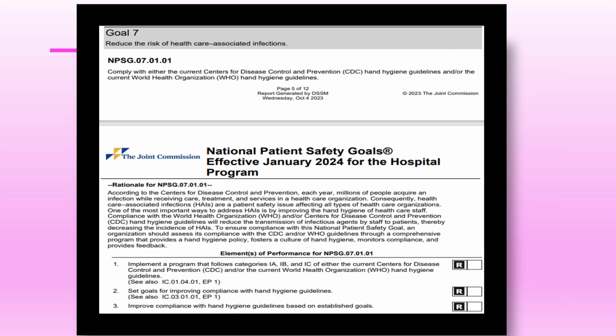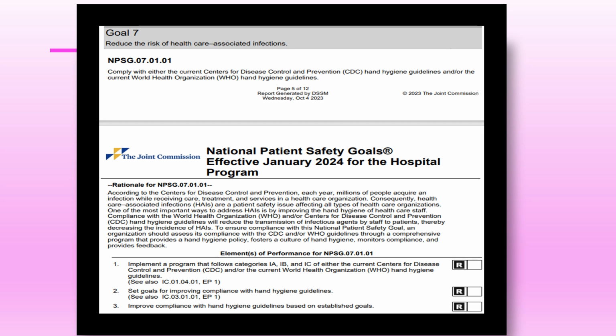According to the Centers for Disease Control and Prevention, each year, millions of people acquire an infection while receiving care, treatment, and services in a healthcare organization. Consequently, healthcare-associated infections, HAIs, are a patient safety issue affecting all types of healthcare organizations.